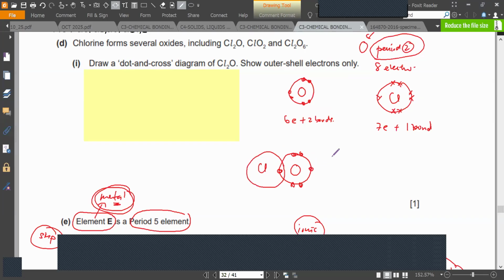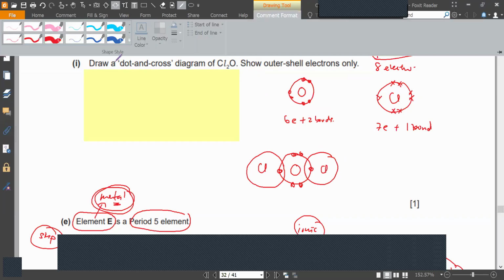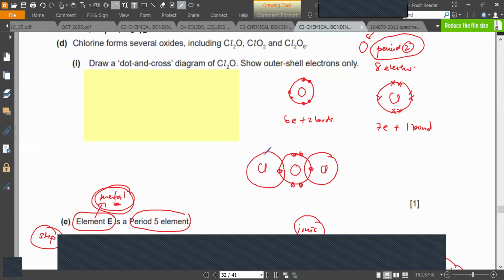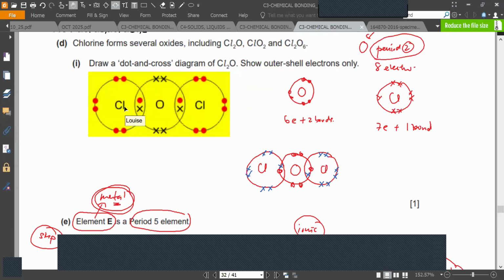Chlorine like this, forming 1 bond only. This is the way to arrange it so that we get an octet for both of them. So if we do everything correctly, it will be like this.